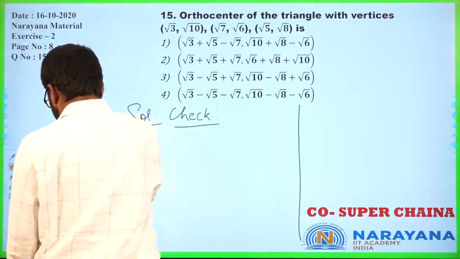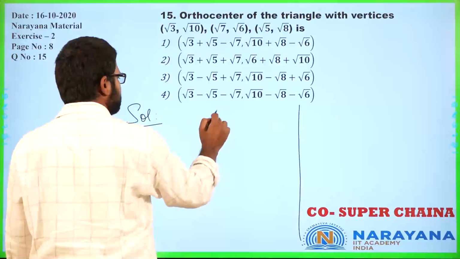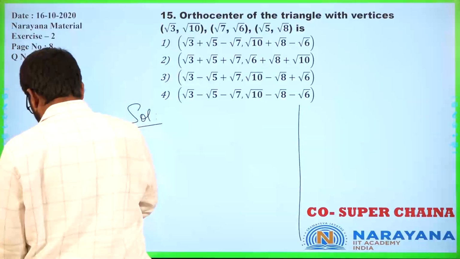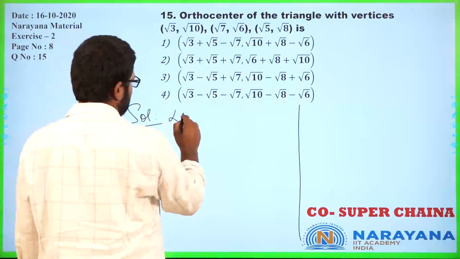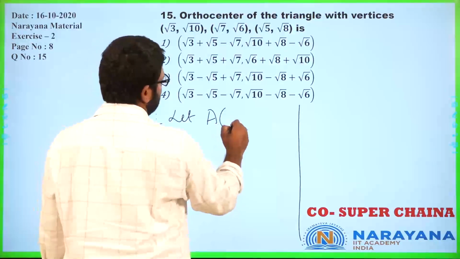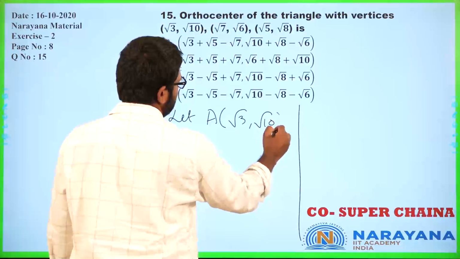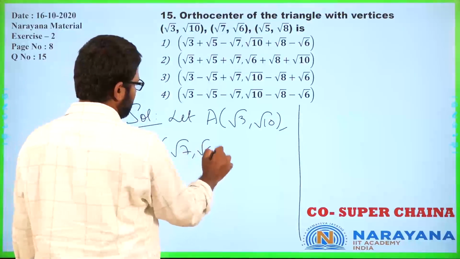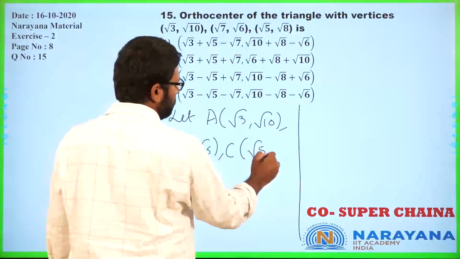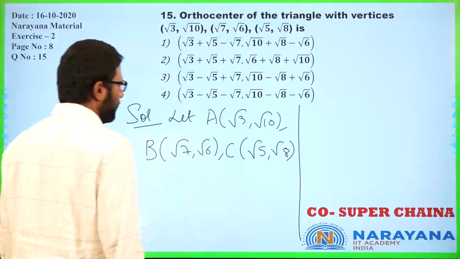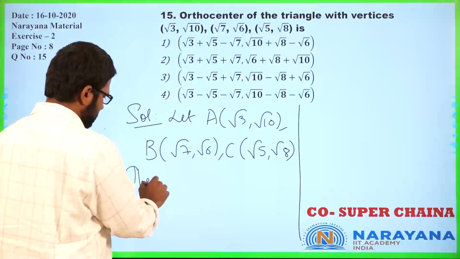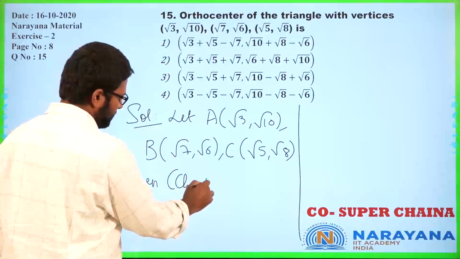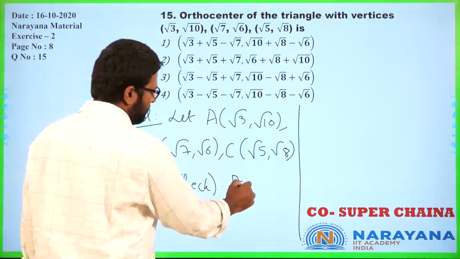No, wait. Let us first write. Let A be root 3 comma root 10, B be root 7 comma root 6, and C be root 5 comma root 8. Then we are now going to check AB.